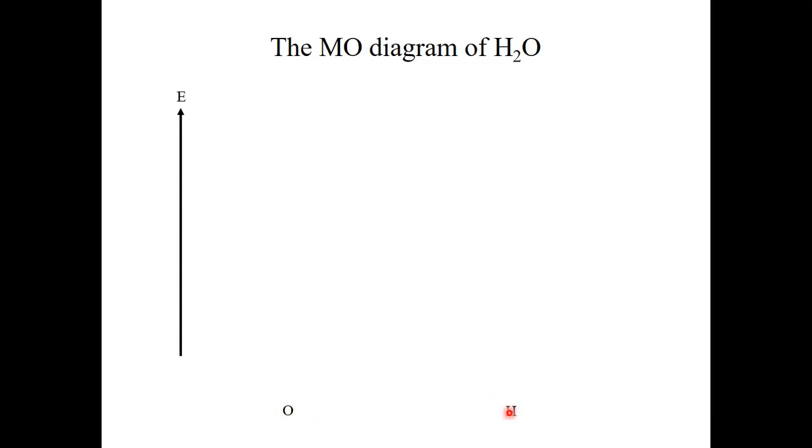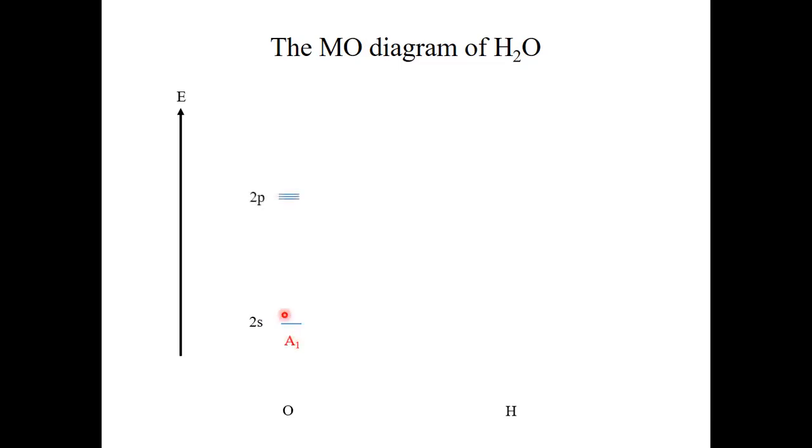Then you write the valence orbitals of the central atom according to energy. So you will have to write the 2s above that letter O. And you also label that atomic orbital with its respective symmetry type. In this case, that's A1.